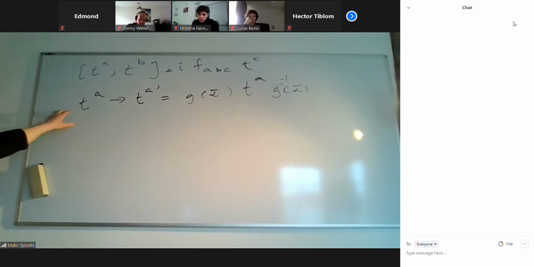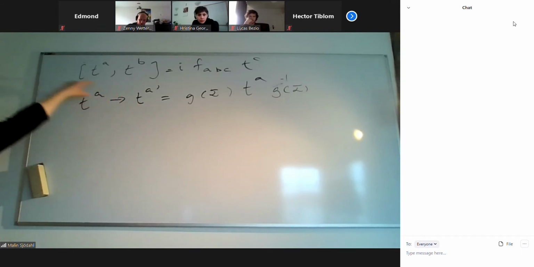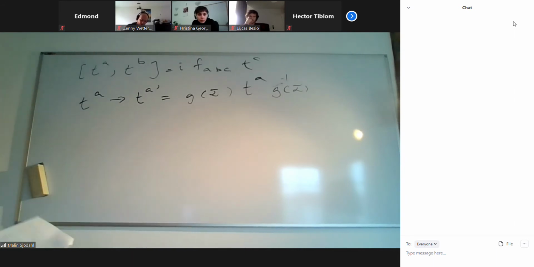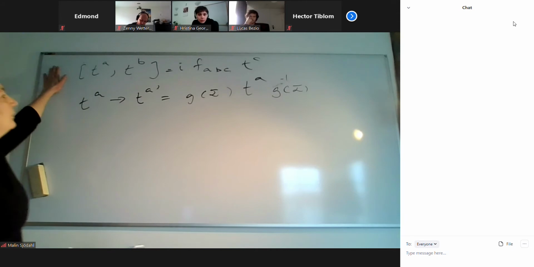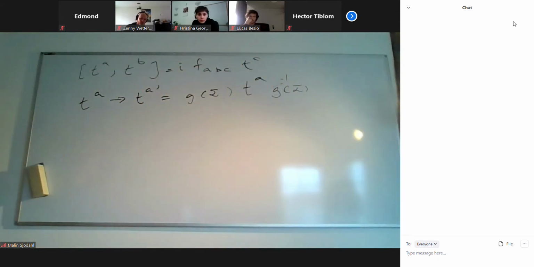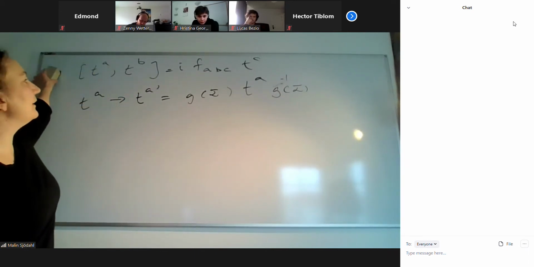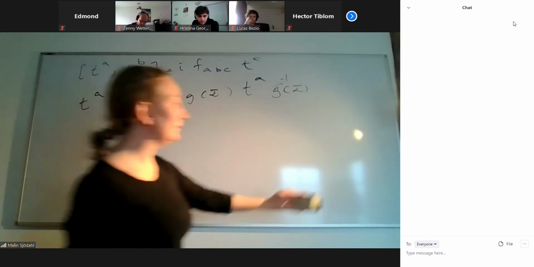We should prove that these P prime satisfy the same commutator, so this guy. And this is actually pretty easy to prove. So all we need to do is to rotate both sides of this identity, and then we will insert a little 1, and then we will see that we can recover this identity but with prime things.